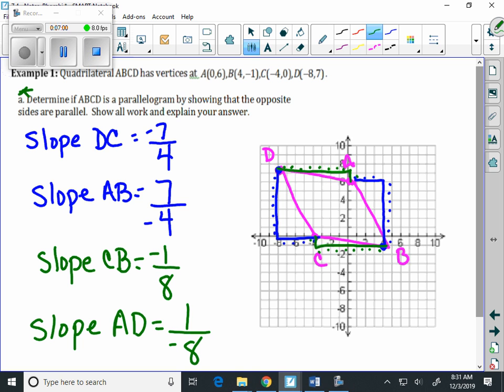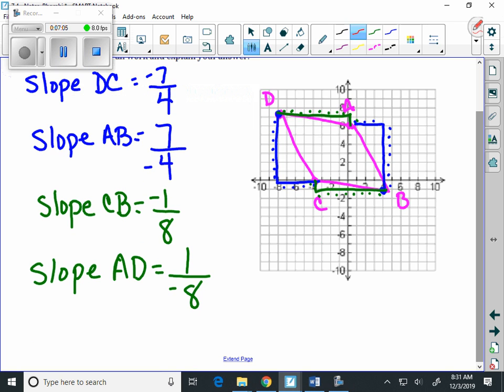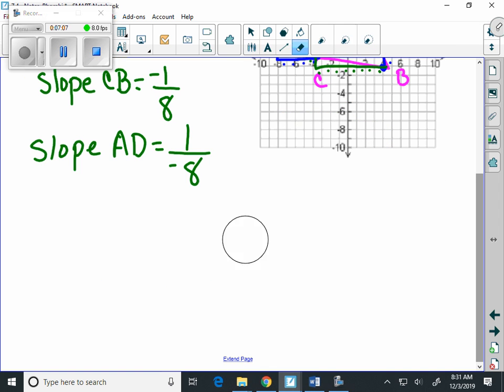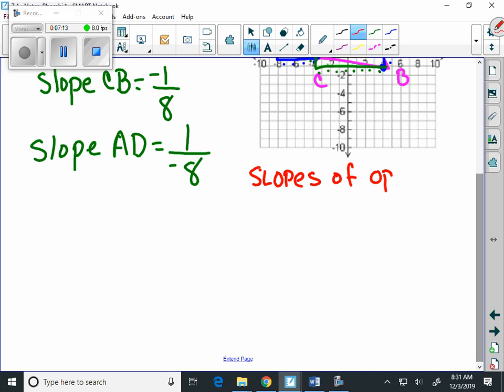But if we look at this, what we know is that slopes of opposite sides are the same.